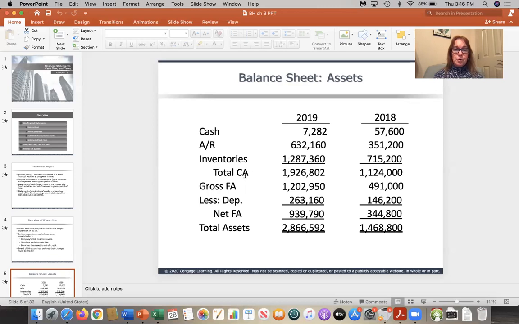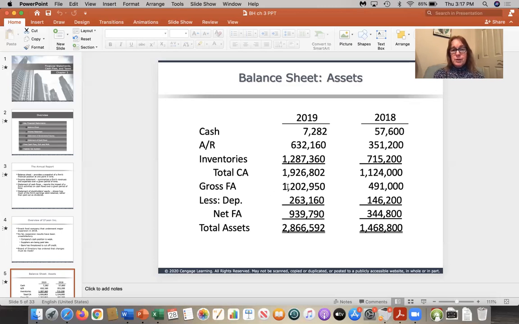So current assets are short-term assets used within the next year. Assets we're looking at for the next 12 months. There's the total current assets. Then we have fixed assets. Sometimes you'll see this as plant and equipment and land. This is a real simple balance sheet, so they just have it totaled here.